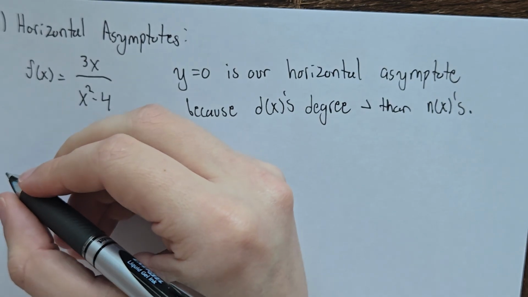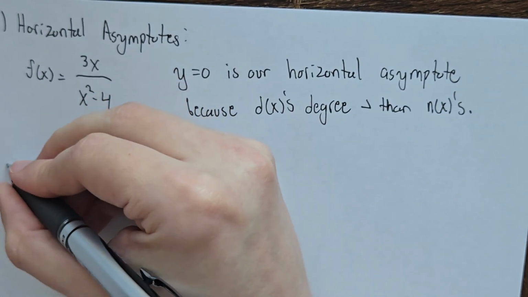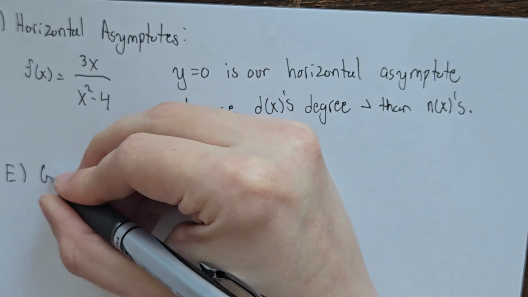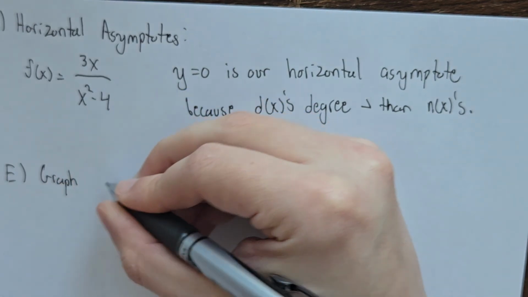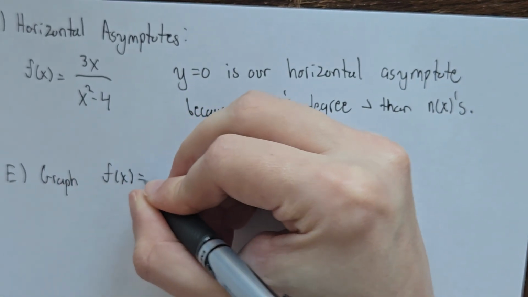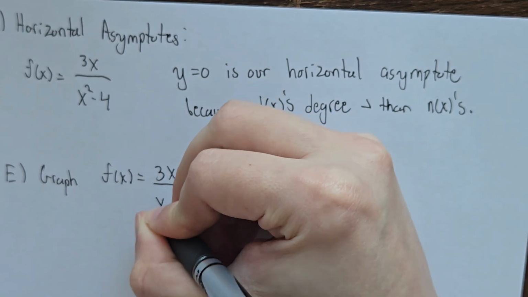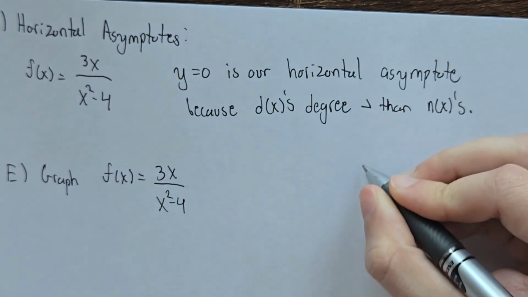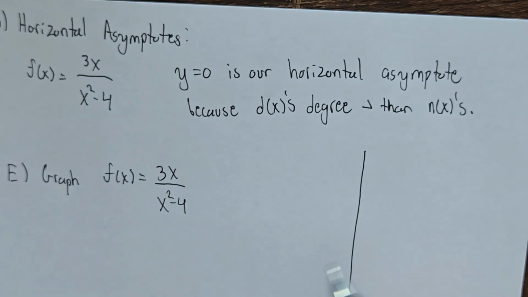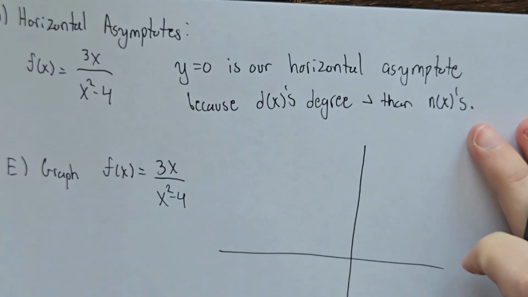Finally, we're going to look at graphing this with all the information. Graph f of x is equal to 3x over x squared minus 4. We're going to combine all of the information that we have up to this point in order to help us do this.